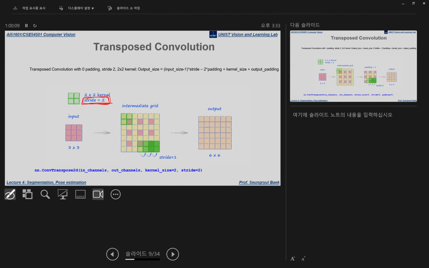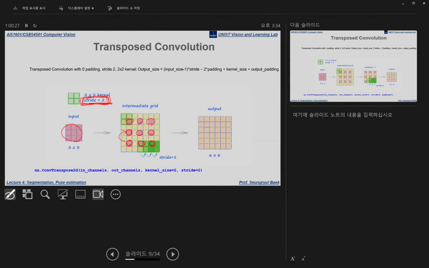But here, if we use stride 2, then what we actually do is take this input and rearrange the input pixels in this way, okay?